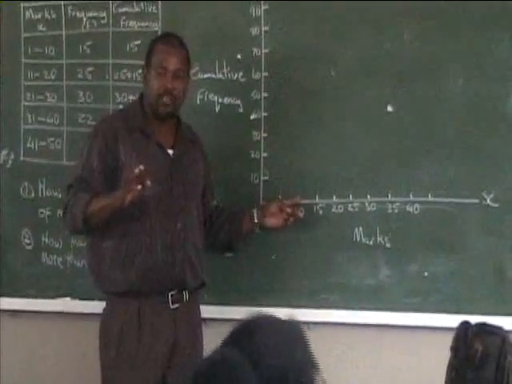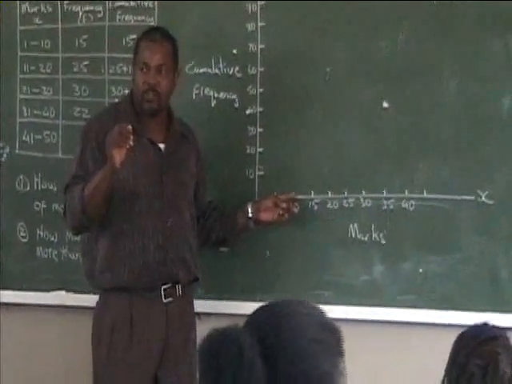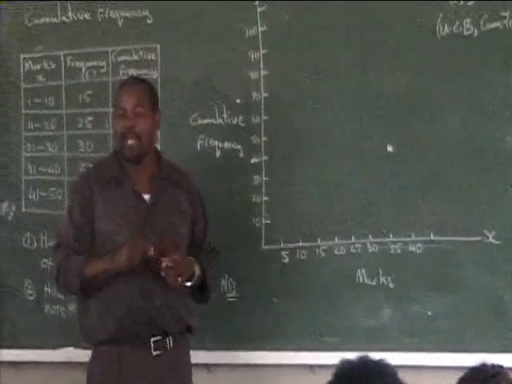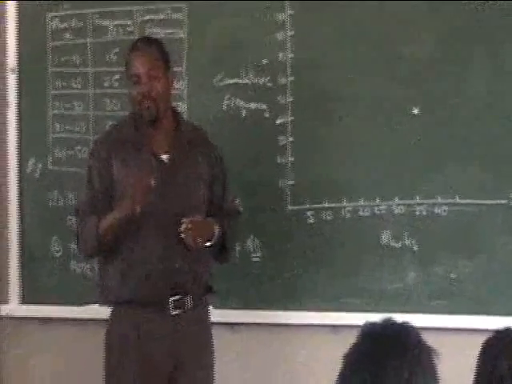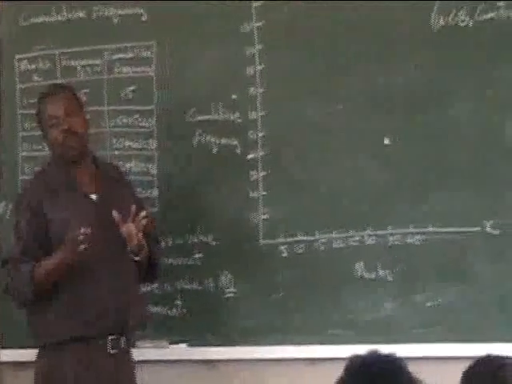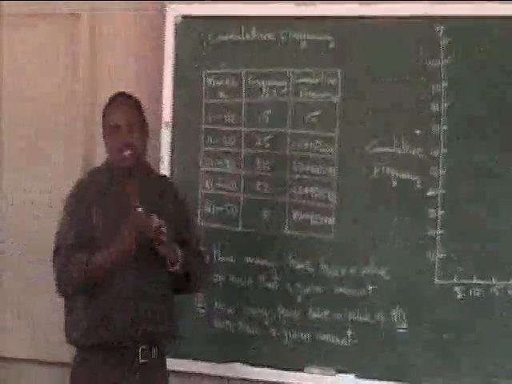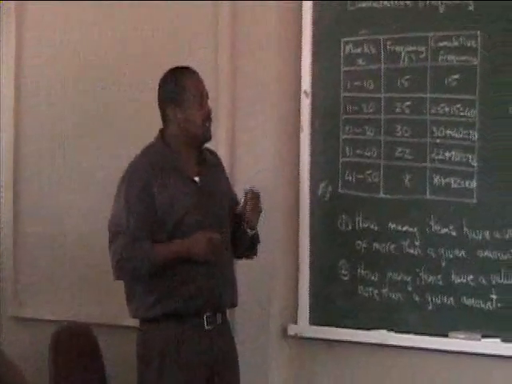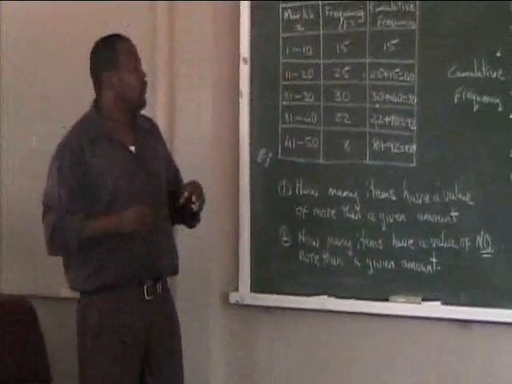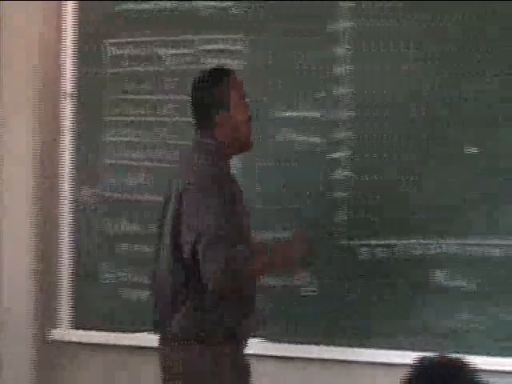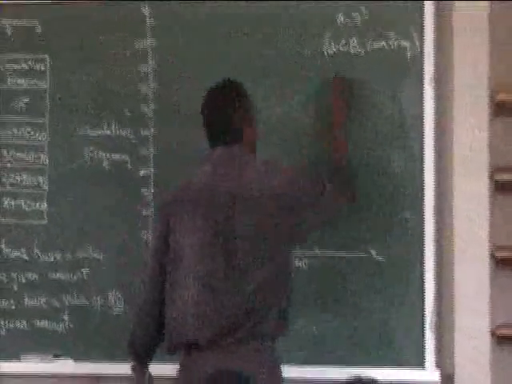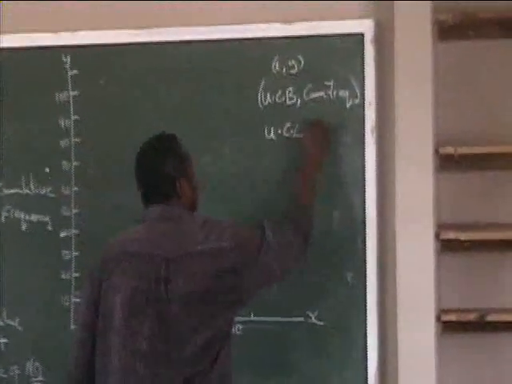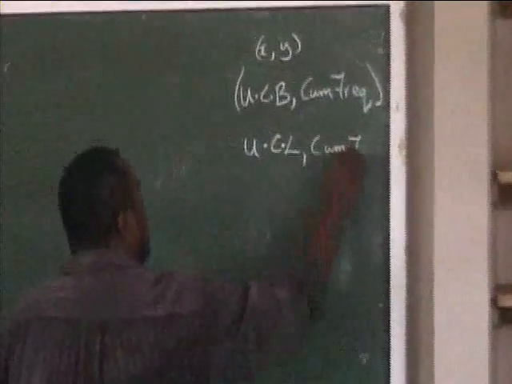But each one of the subdivisions represents 1/5. 1/5 is 0.2, and half of 0.2 is 0.1, and half of 0.1 is 0.05. So that would be a very, very minute plot. So in such cases, what do you do? You plot the upper class limit against your cumulative frequency.